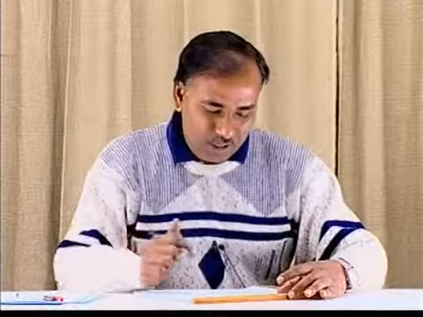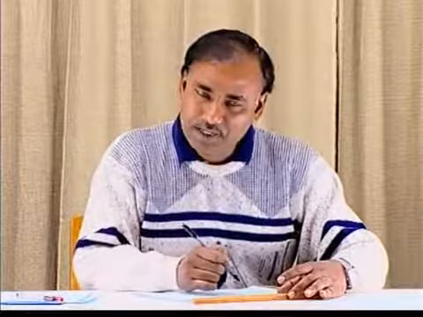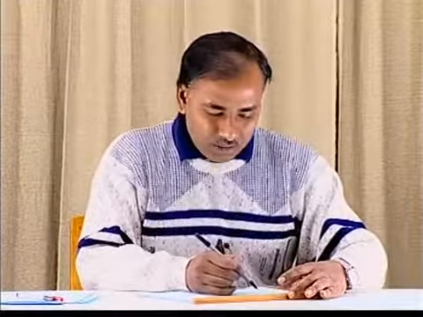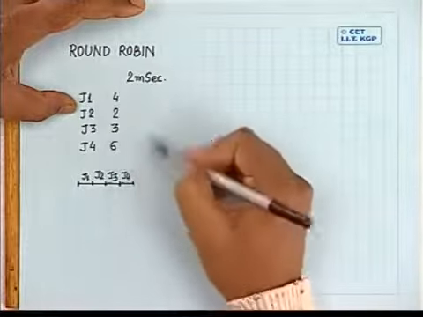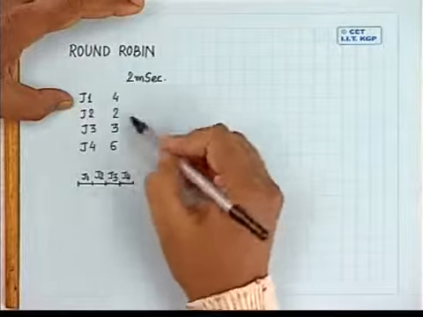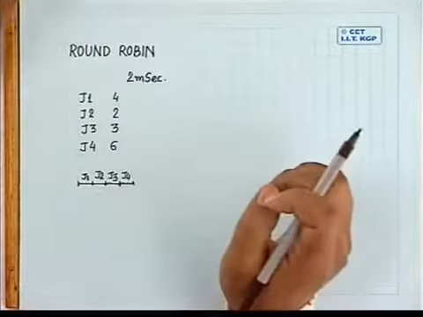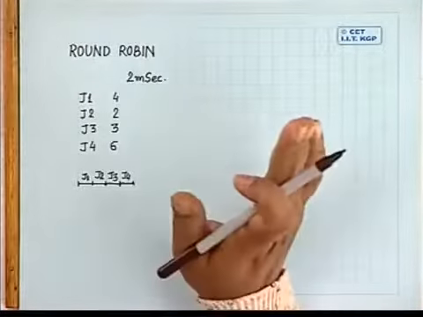Now in case job J2 completes the IO operation in between and comes back to the ready queue, the time when job J2 will be taken up for execution depends upon which position in the ready queue job J2 has appeared. So when I come to the ready queue, I always take the job from the head of the ready queue.